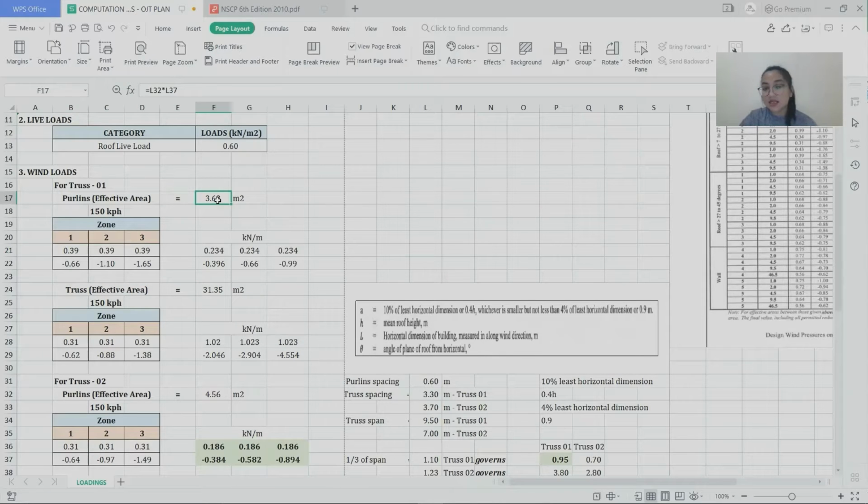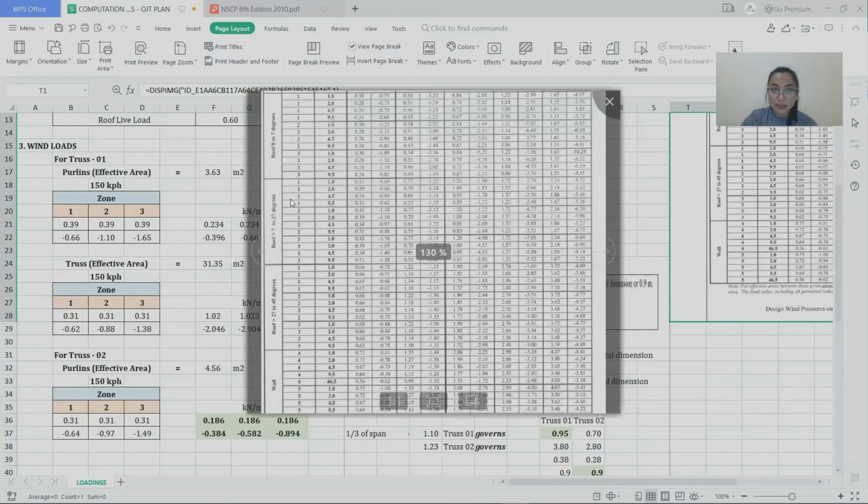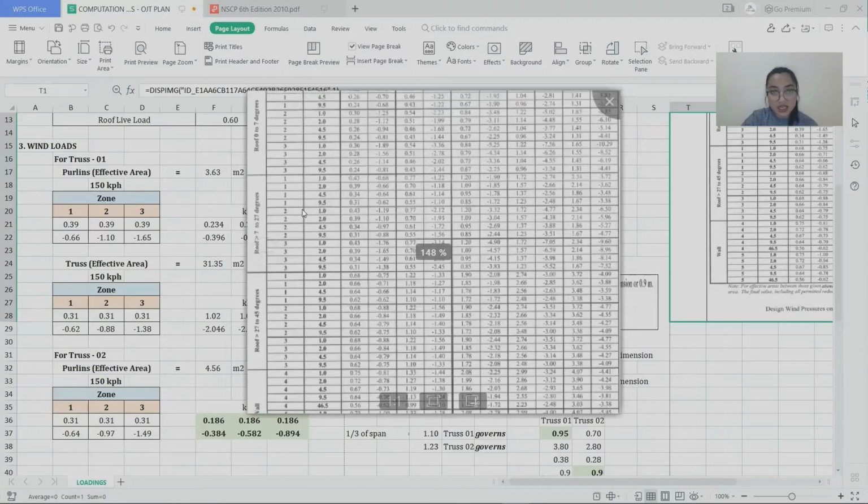So ang 3.63 po is gikan sa truss spacing times 1/3 sa span. Then gipangita lang nako ang values, since ang effective area sa purlins is 3.63, na-fall siya sa zone 1. Gitabulate lang nako ang 0.39 ang iyahang negative values.